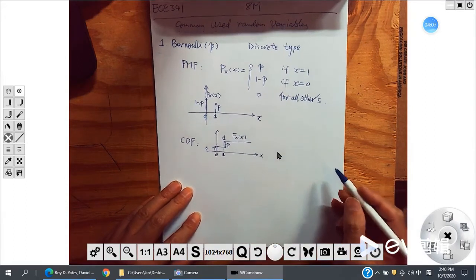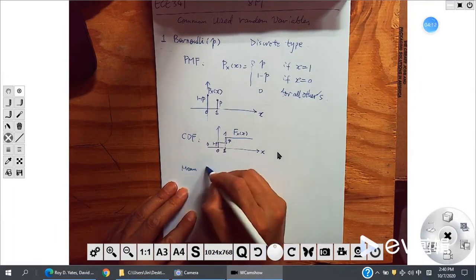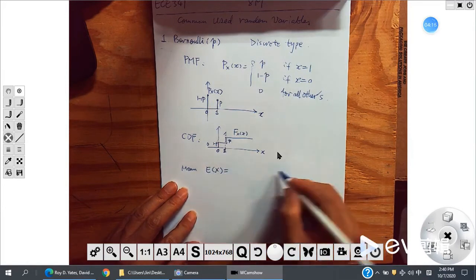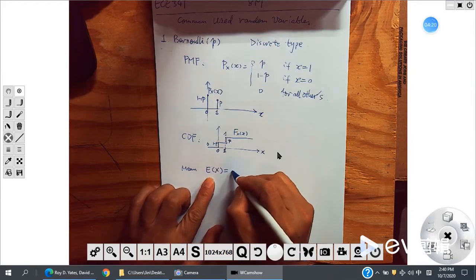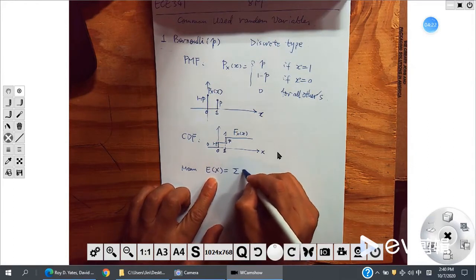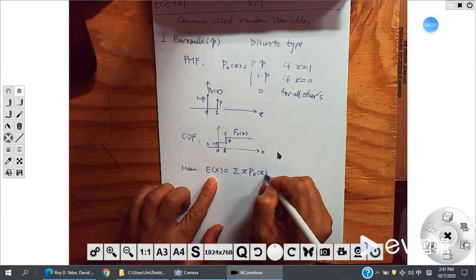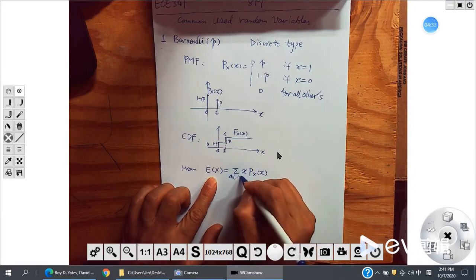And we also have the mean, the expectation value of x, which is just p. Remember the definition: E[X] by definition is x times the probability mass function, x times its probability, for all possible x.